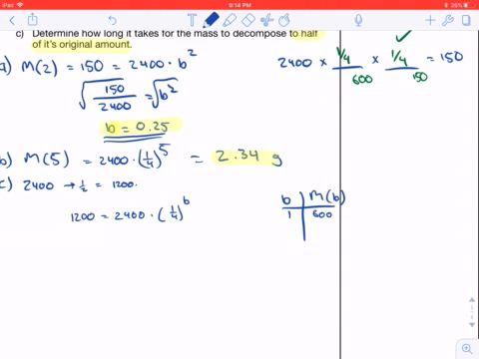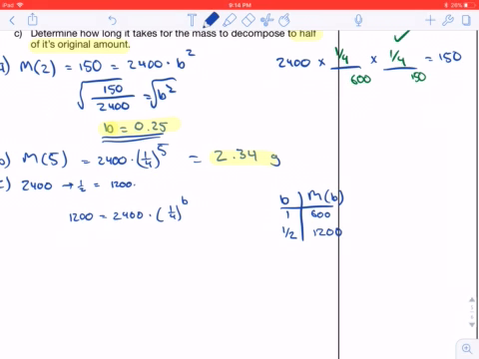So we know it has to be something less than 1, because if we go to 2, this would continue to get smaller. It's going to continue to decay. So if we try out 1/2, what it's going to do is take the square root of a quarter, and it's going to end up being 1200. And so by inspection, we really quickly found the answer.